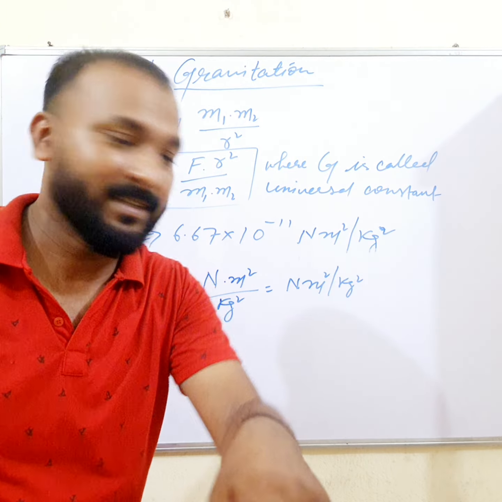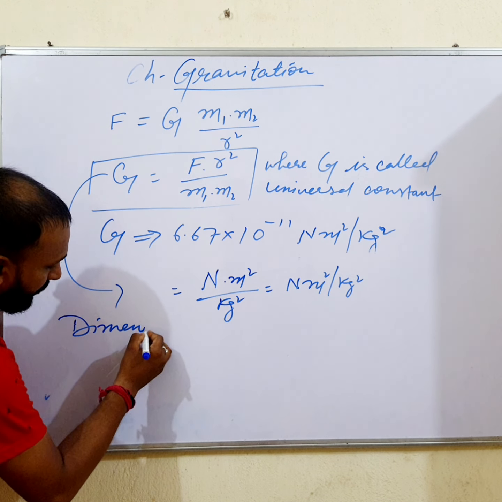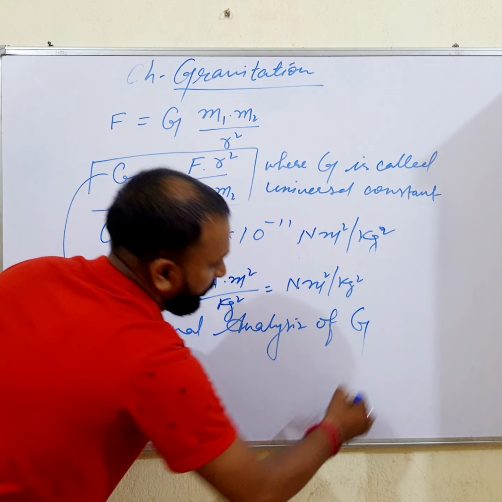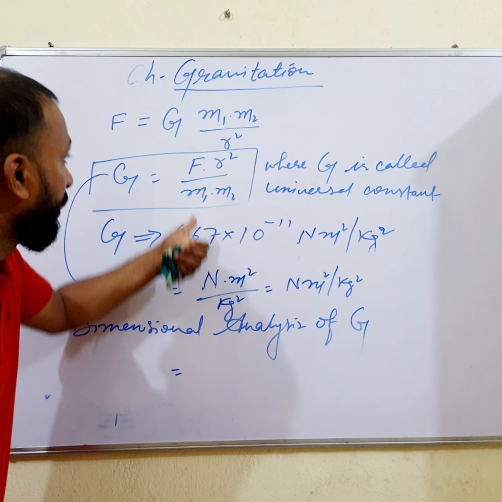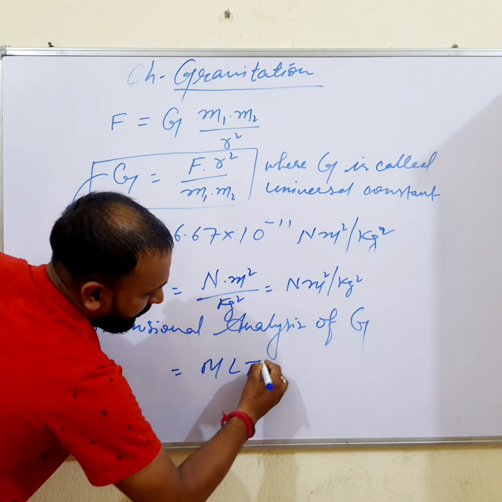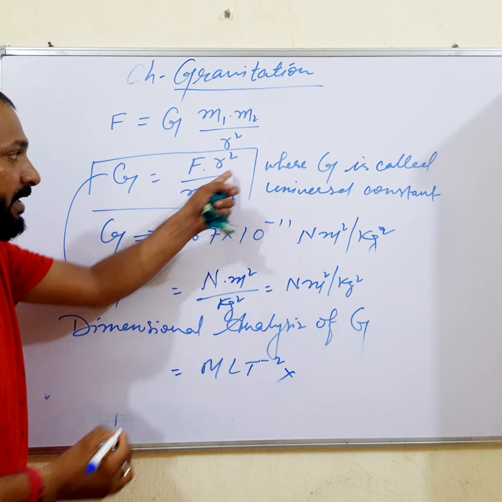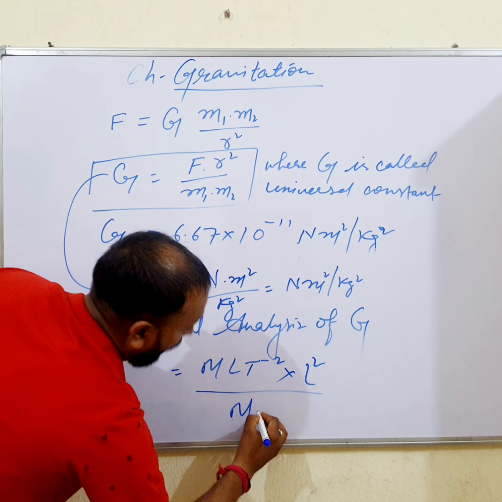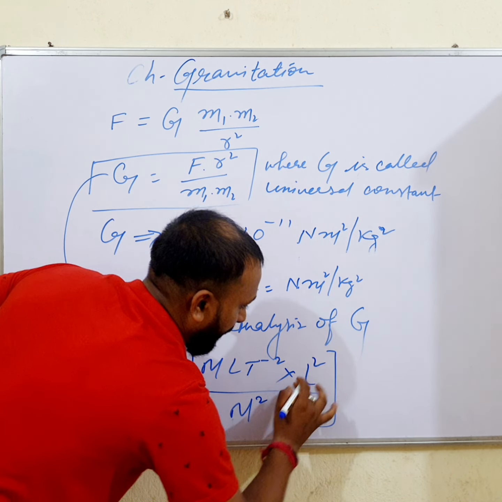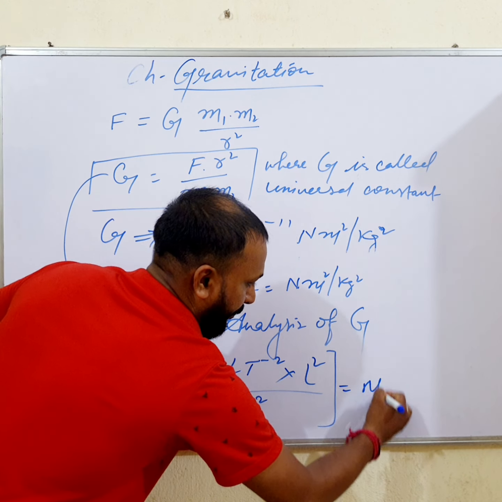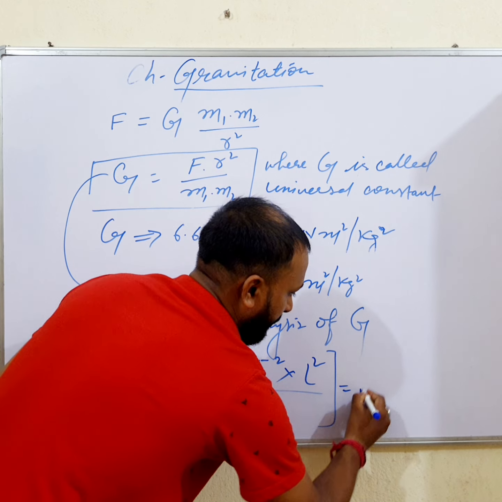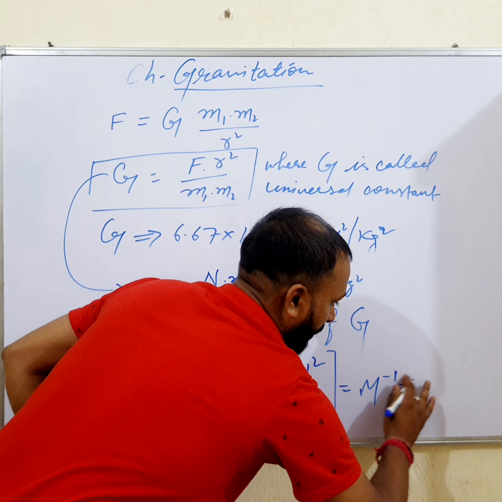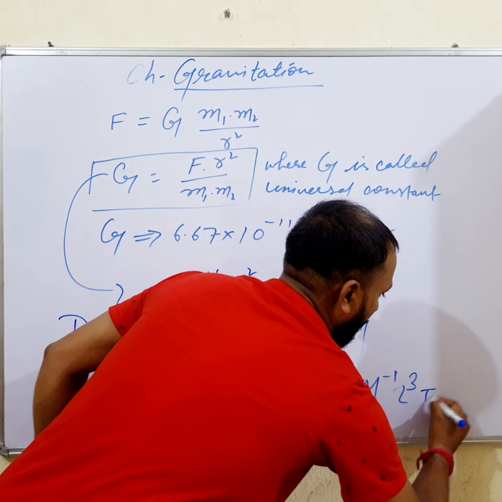Now its dimensional analysis. The dimensional formula of capital G will be: the dimensional formula of force is M L T to the power minus 2, into radius, which is L square, and then mass into mass, which is M square. Ultimately, this will give M power minus 1, L power 3, and T to the power minus 2.